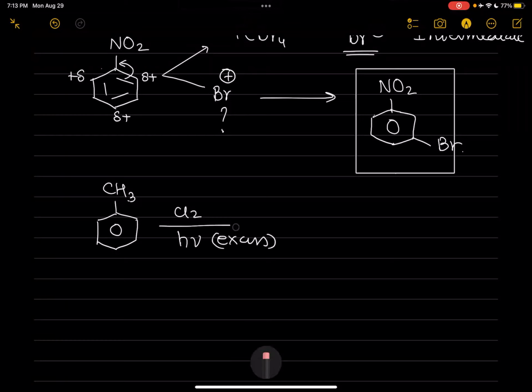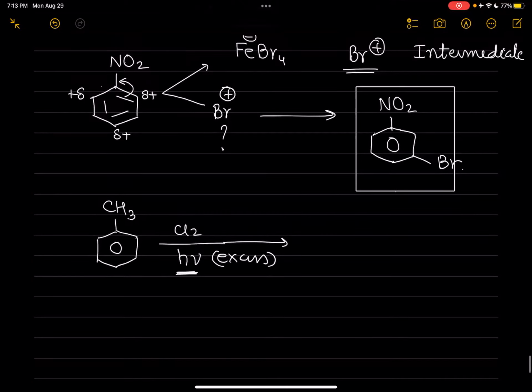What will you get? Are we attempting to connect the Cl atoms on the benzene ring or on the side chain? On the side chain.